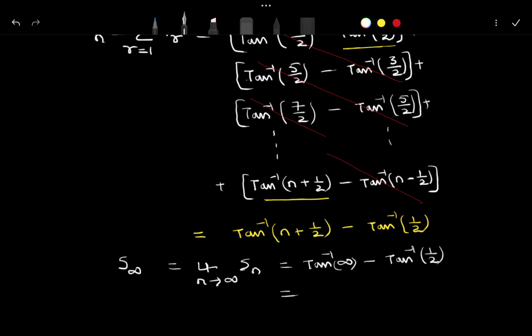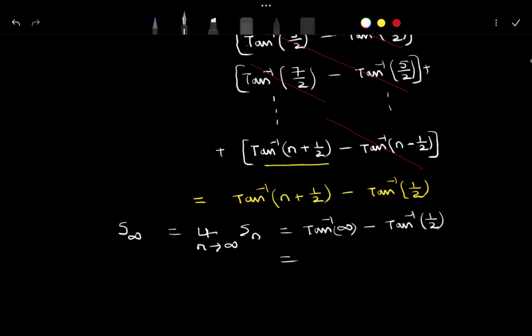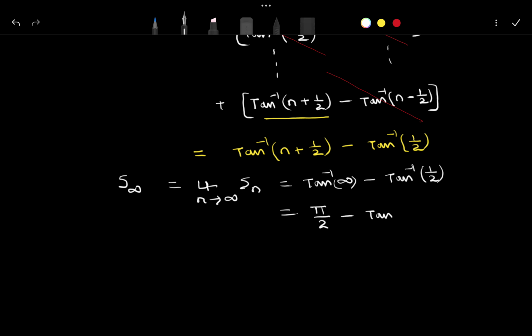You know tan inverse infinity is pi by 2. So the value is pi by 2 minus tan inverse of 1/2. So this is one result.